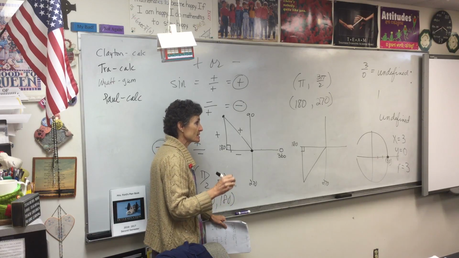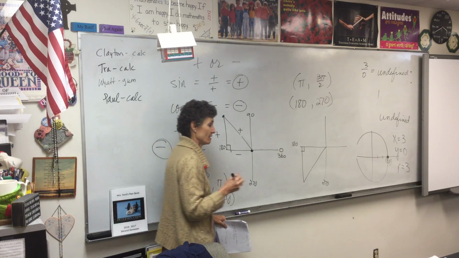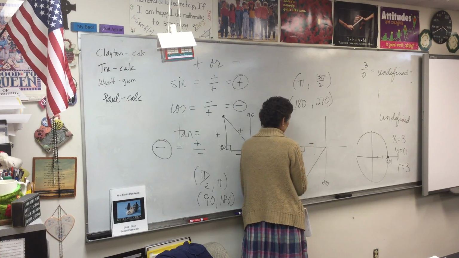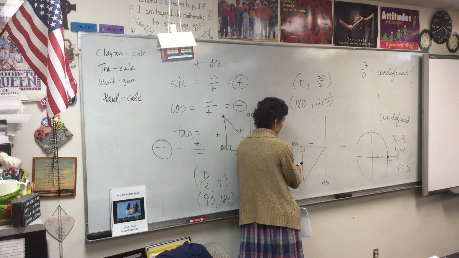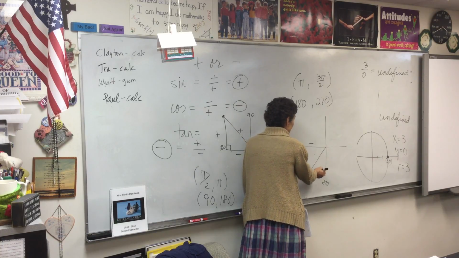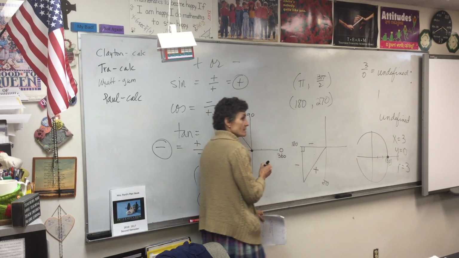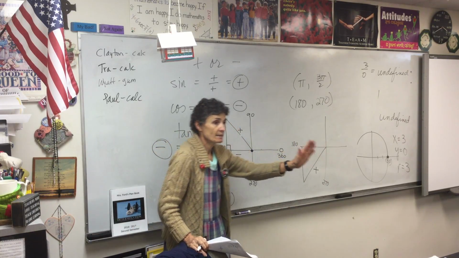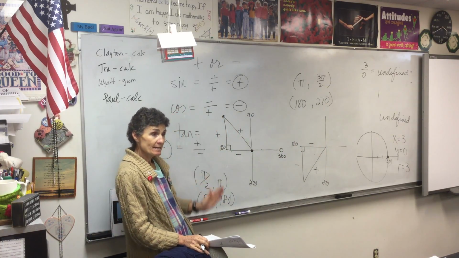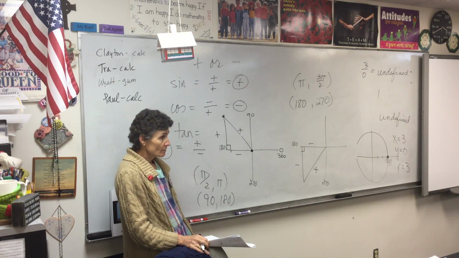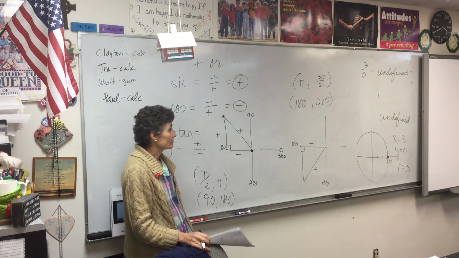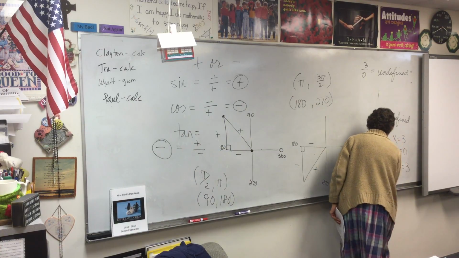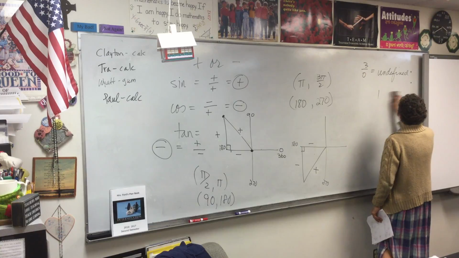Now tell me about the sides, positives and negatives. This one is negative. This one is negative. And this one is always positive. In quadrant 3, kids, you're going left and down. Negative and negative. So tell me about the sine. Opposite over hypotenuse.